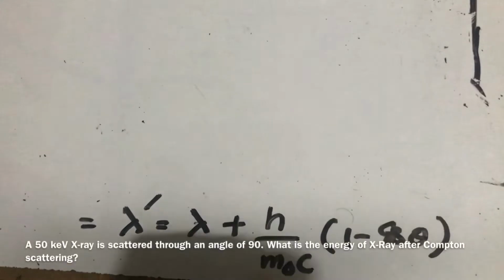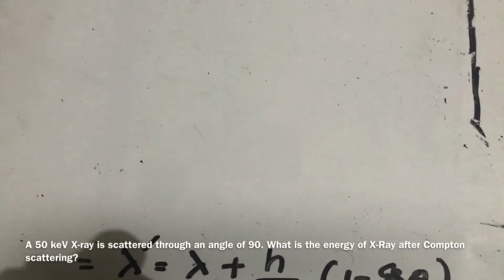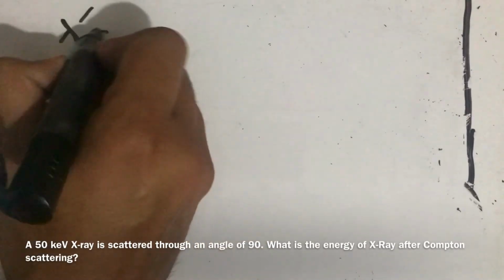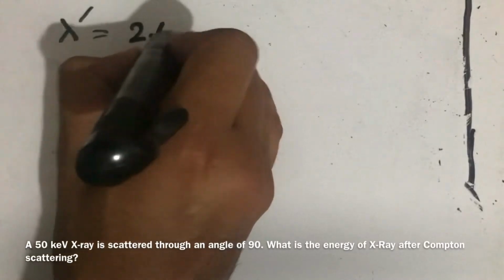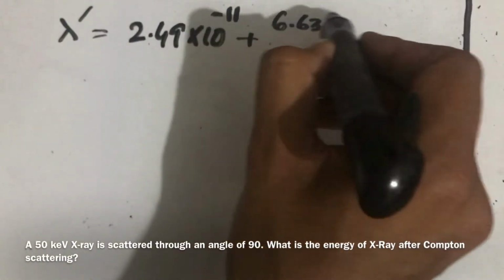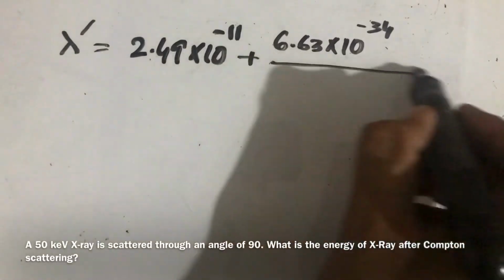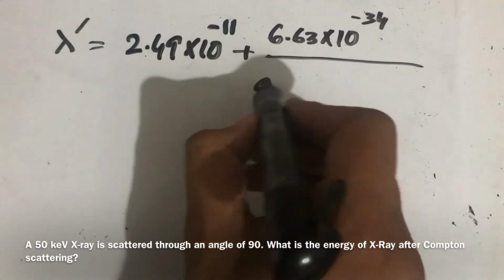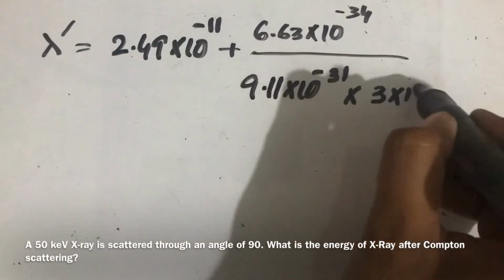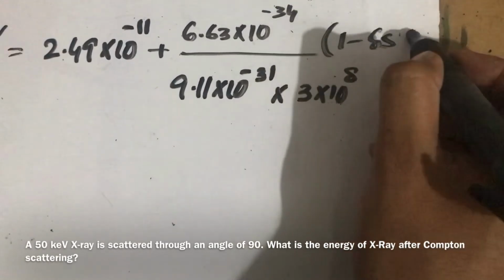We already found the value of lambda. Putting the values, lambda prime is equal to 2.49 × 10^-11 plus 6.63 × 10^-34 divided by the rest mass of electron, 9.11 × 10^-31, multiplied with the speed of light, 3 × 10^8 meter per second, into 1 minus cos of 90.